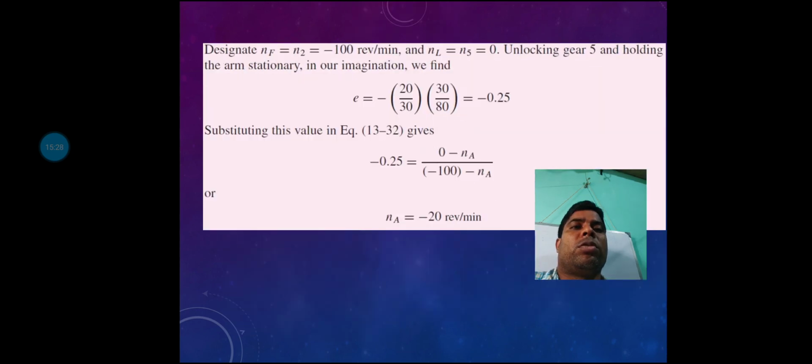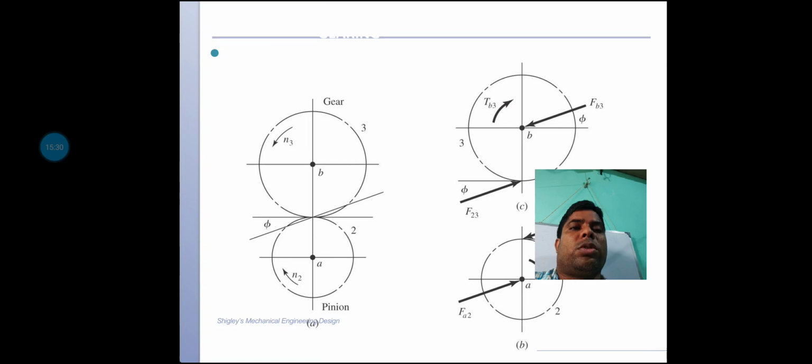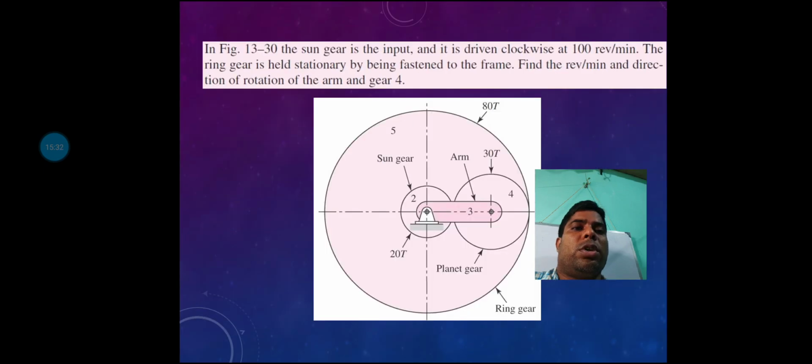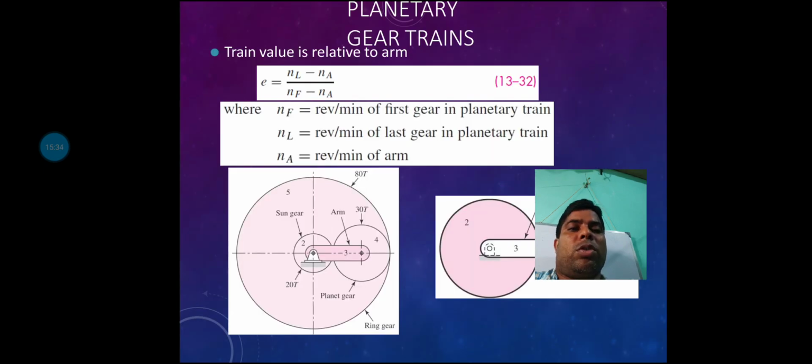Now a lot of equations are involved here, so it is not possible to solve everything; in the next classes we can discuss a new topic and new lesson.